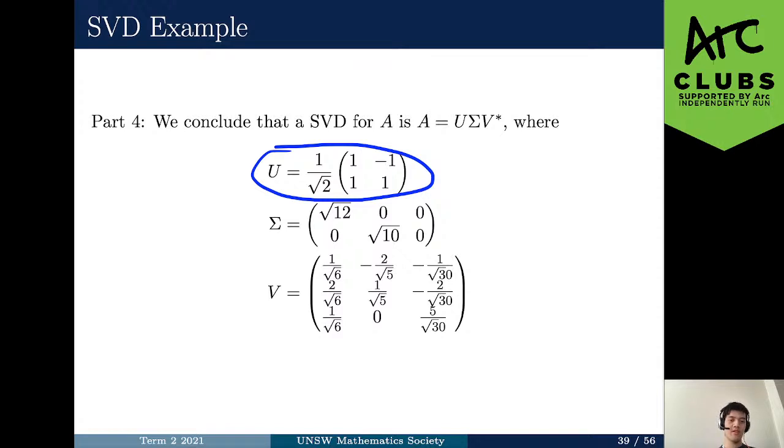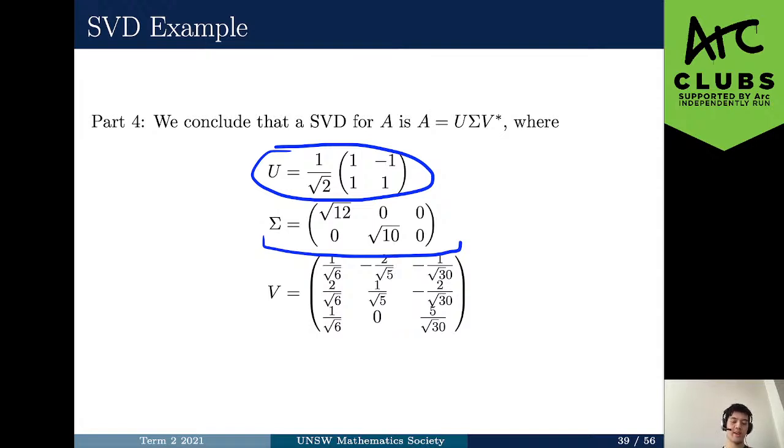You don't really need to memorize the dimensions of sigma, but the dimension is just so that the matrix multiplication makes sense. The number of columns in sigma needs to match the number of rows in V, otherwise we can't multiply them, and the number of rows in U needs to match the number of columns in sigma. And so it's clear that this sigma is of this size. So we have root 12 and root 10 on the diagonals, and then 0 everywhere else.